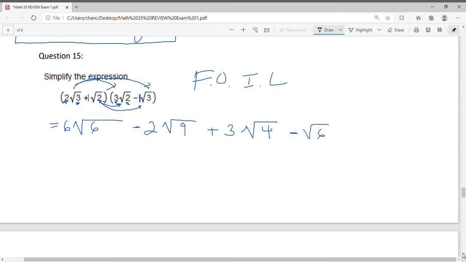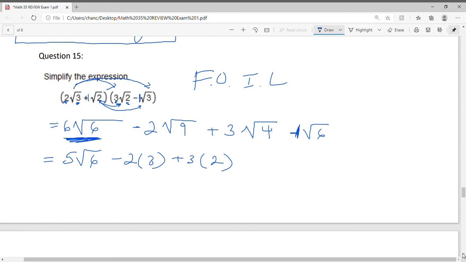And then we'll try to simplify this. We know this is 6 root 6, and this is negative 1 root 6. So adding those up together, negative 1 plus 6 is 5 root 6. I can simplify the square root of 9, that's just 3. The square root of 4 is equal to 2.